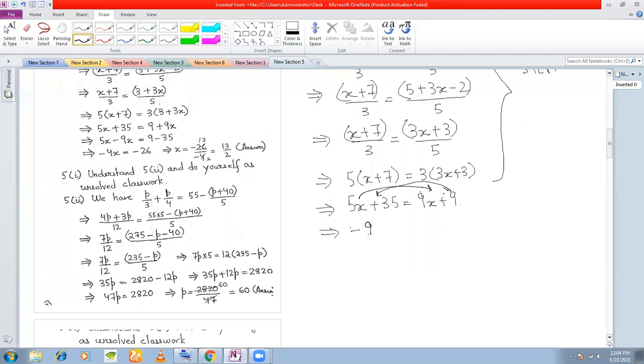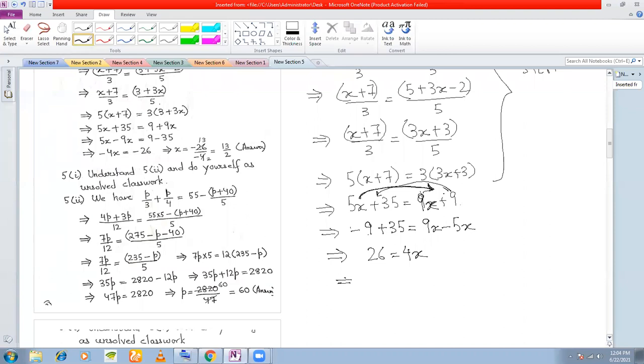From plus 9, it will become minus 9, and plus 35 will remain there as it is. And this 9x I'm keeping on this side only, so 9x does not change sign. And because I'm transposing this 5x to this side, from plus 5x it will become minus 5x. So now 35 minus 9 will give you a 26, and 9x minus 5x is 4x.